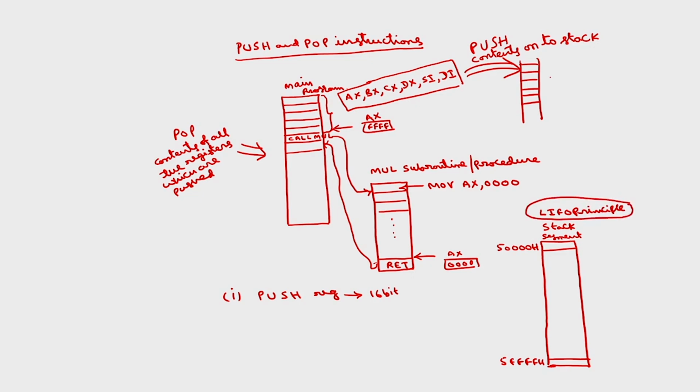Whatever data we push will enter like this. While taking back, the data which was inputted last will be outputted first. This is something like arranging plates in a rack. In a rack I first insert one plate, above that another plate, above that another plate.